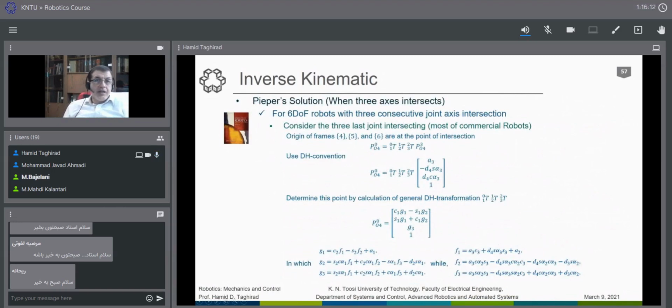Of course, from now up to the end of the semester, I could just talk about inverse kinematics, and the methods are available there. But I'd avoid doing that. I don't want you just to be a kinematics person. I would like you to be a roboticist with more knowledge of controls. So I will move on to two more general ways and then give you some examples to look into.